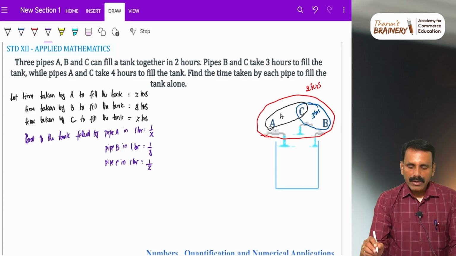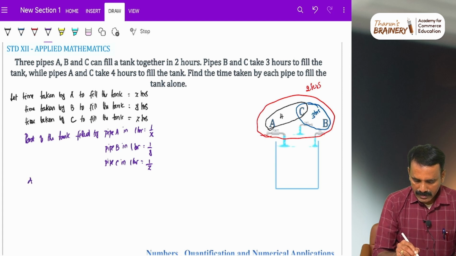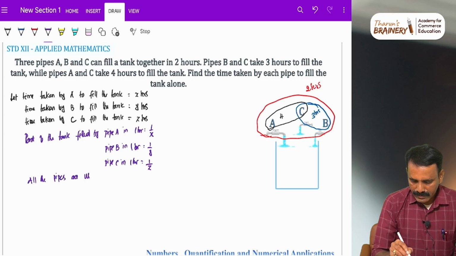Now when all the three are going to be used, when all the pipes are used, time taken is 2 hours.